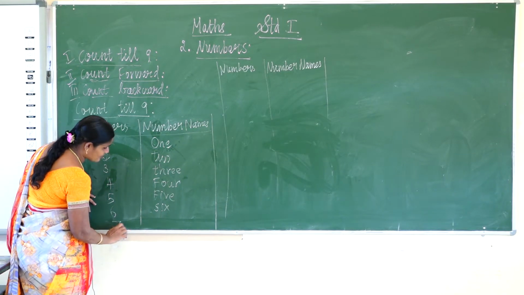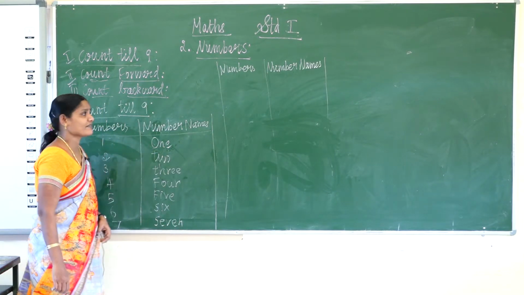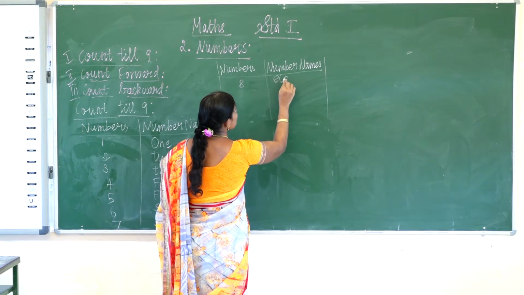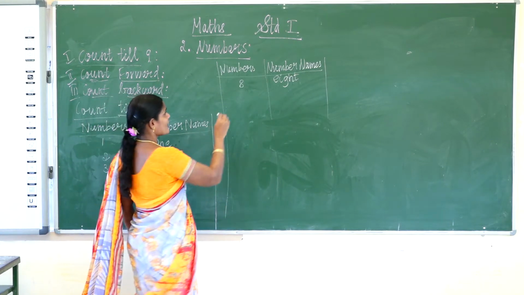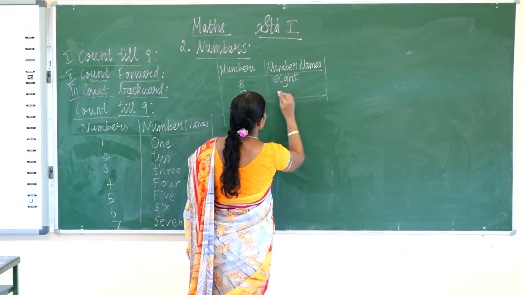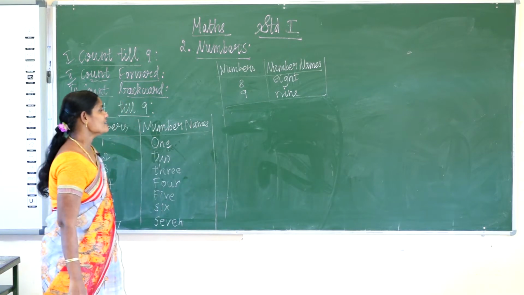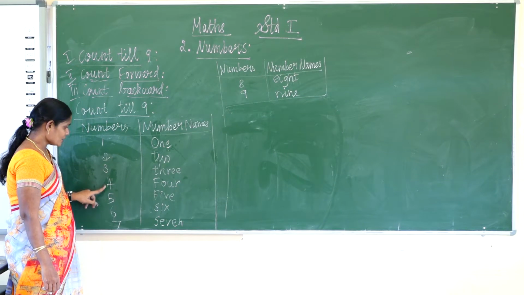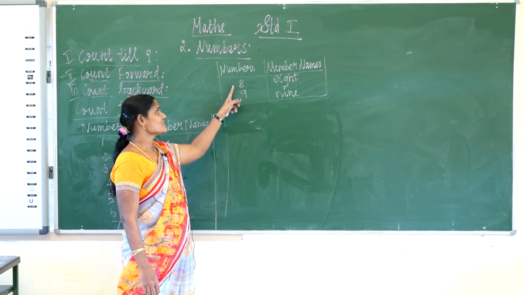Then write 7. S-E-V-E-N, 7. Then write 8. E-I-G-H-T, 8. Then the last one, 9. 10 we see in the next class. Up to 9 only today. N-I-N-E. So what are the numbers? 1, 2, 3, 4, 5, 6, 7, 8, 9.